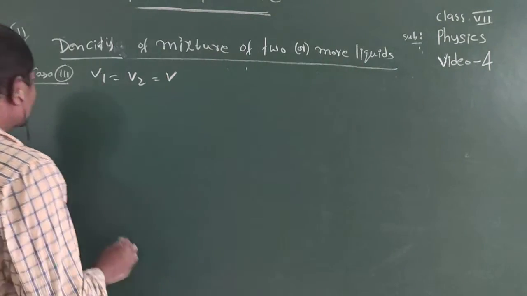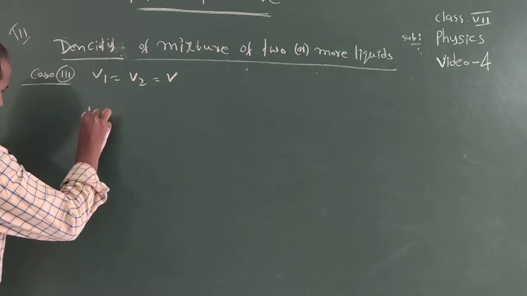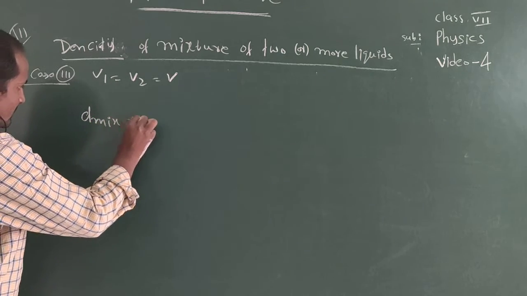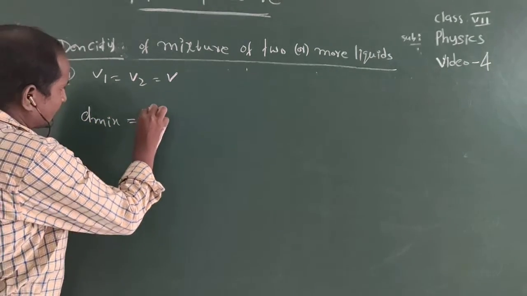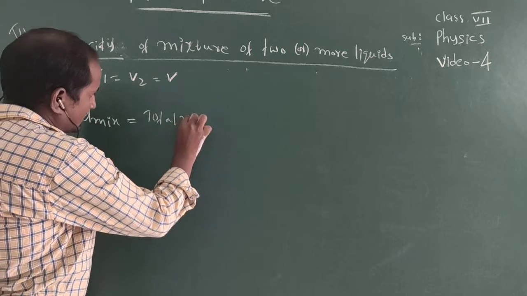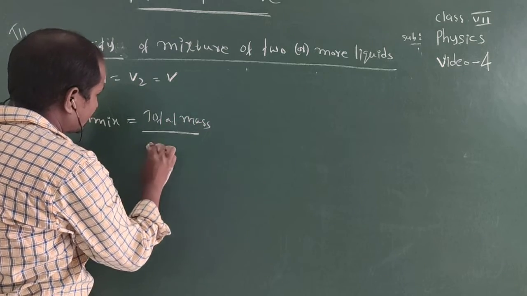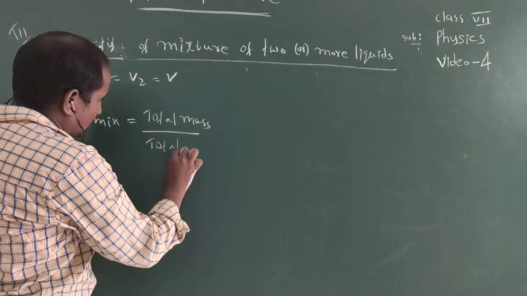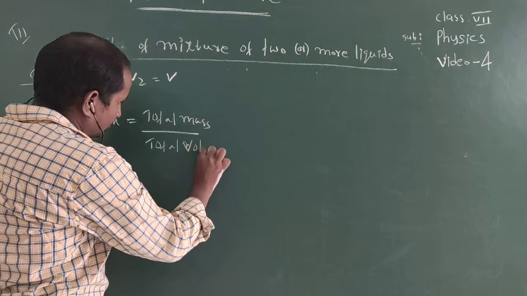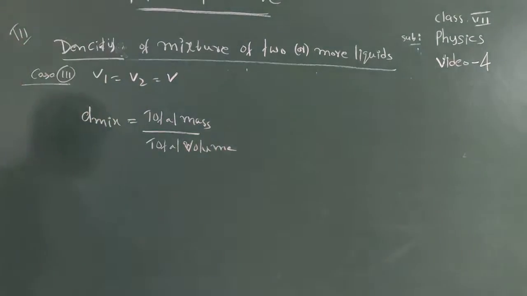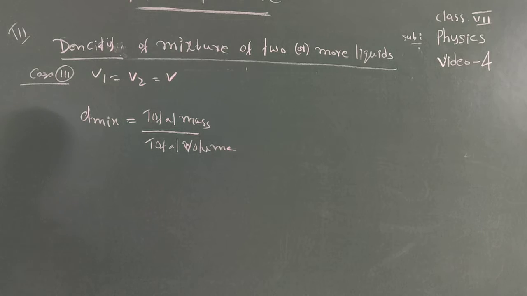Okay, so here density of the mixture equal to total mass by total volume.